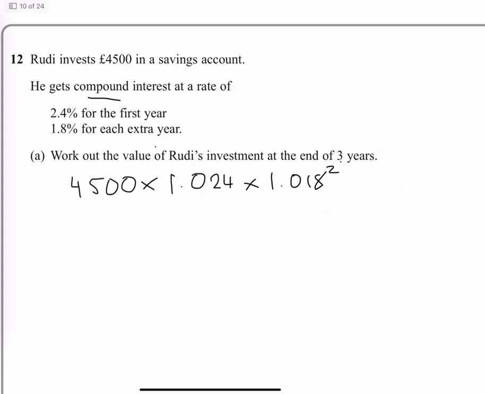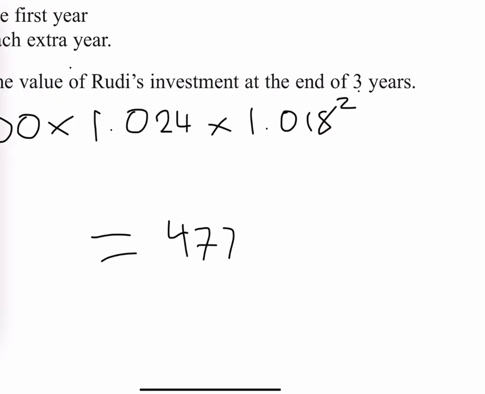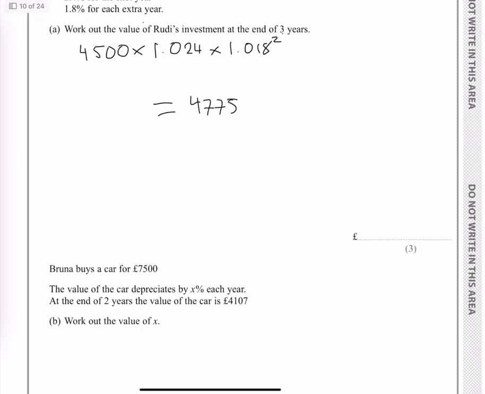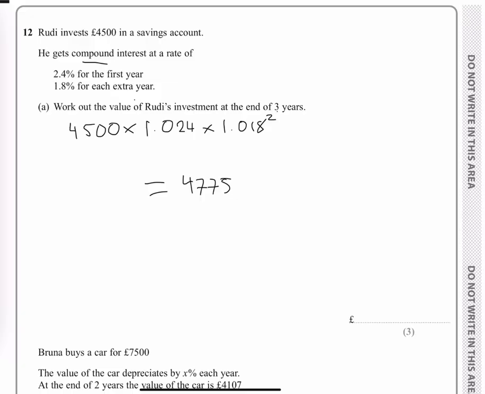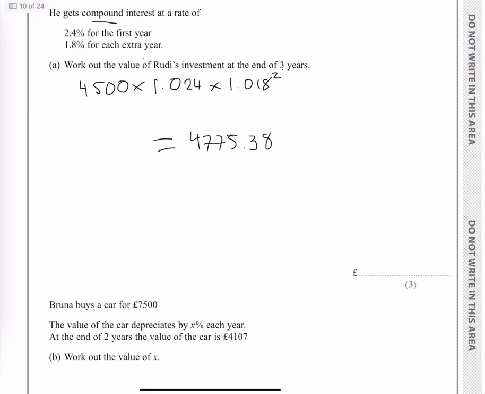Just type that into your calculator. 1.024 times 1.018 squared. Again, you've got to be so careful when you're typing this into your calculator. We should probably do this to the nearest penny, so 0.38 really. Okay.